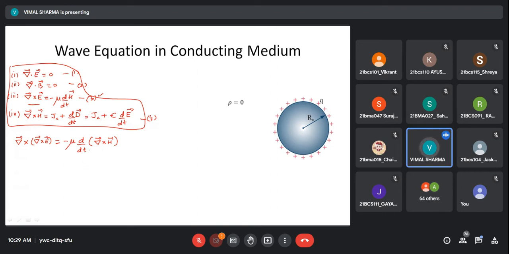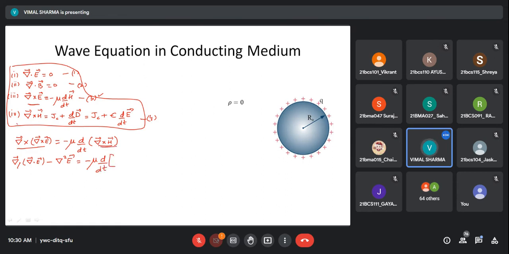Using the formula as I said earlier, curl of curl of E is gradient of divergence of E minus del square E. So this is the gradient of divergence of E, and minus del square E is equal to minus mu d by dt of curl of H.